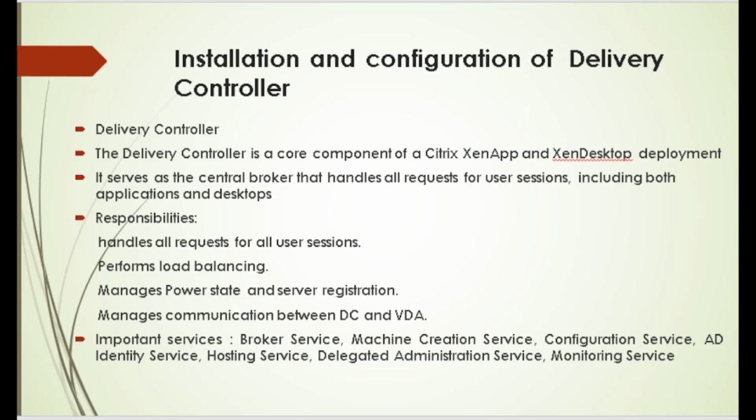It also manages the power state and registration of the session host servers. All the session host servers register on the delivery controller only, and most of the components communicate with the delivery controller, and the delivery controller manages everything, like communicating with the session host servers.